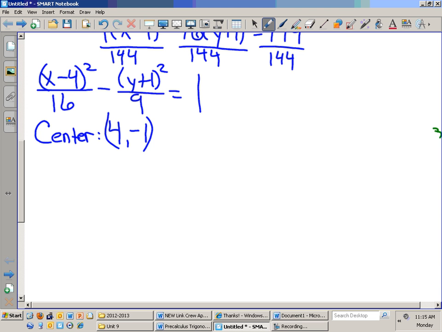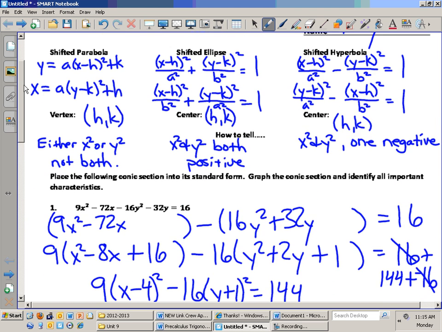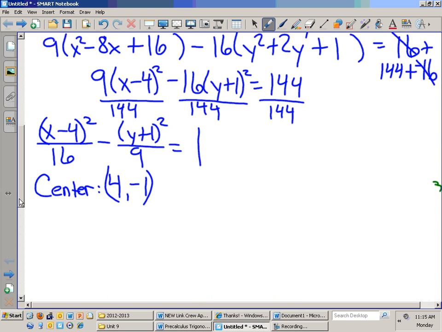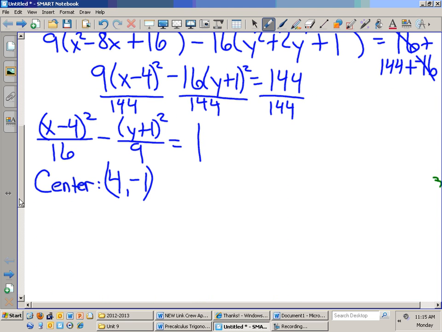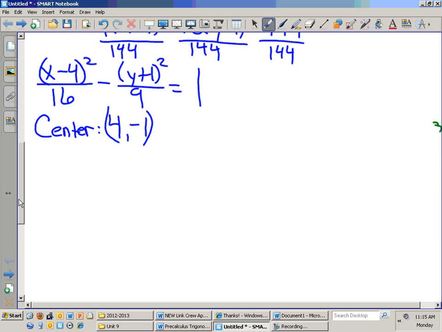From up above here, it says that for a hyperbola, if it's a -h and a -k, then the center is h, k. So we have a -4 and a +1, so it's going to be +4 and -1. One, 2, 3, 4, -1. Red marks the center. All right. Got that done.